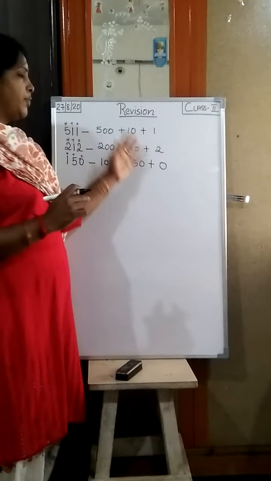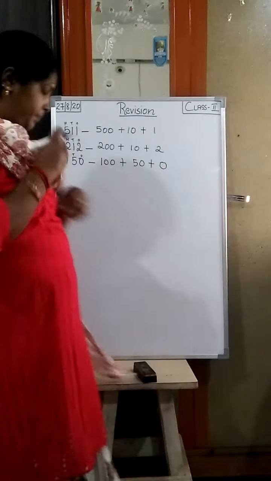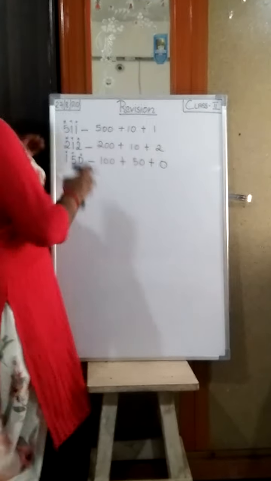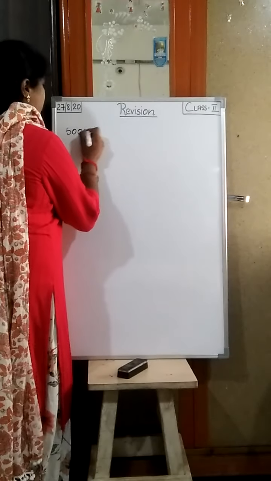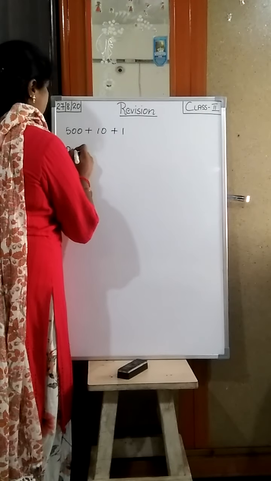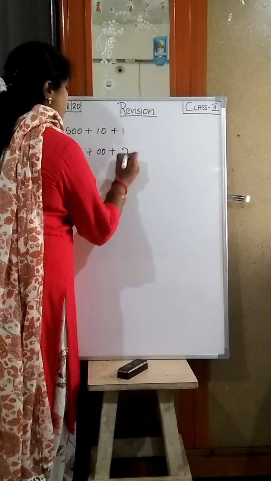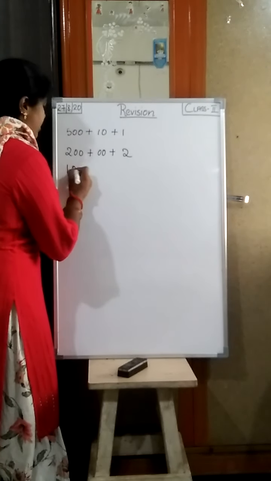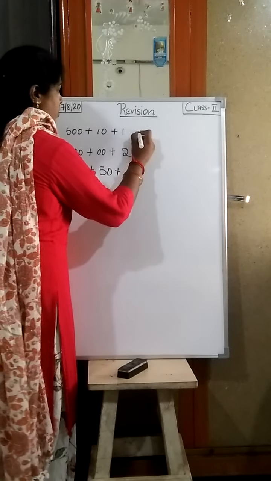Now using this expanded form, you can write in a short method. See, 500 plus 10 plus 1, 200 plus 10 plus 2 and 100 plus 50 plus 0.